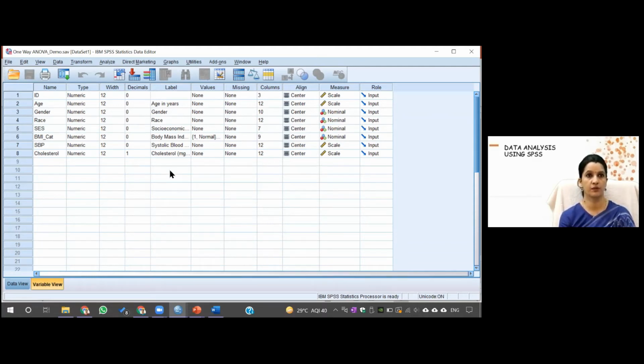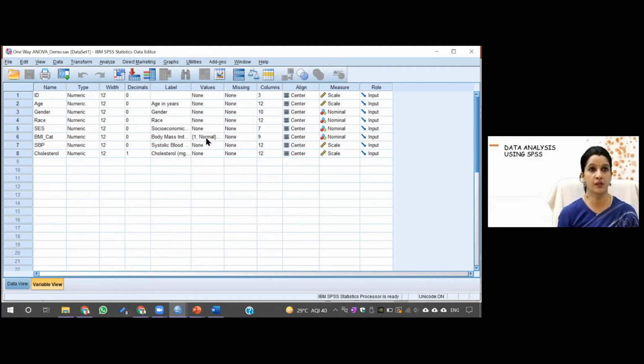And this is again the same thing which we did. Type of variable is numeric, because not a single variable is a string. The width tells you the width of the string variable, which we have not used. Decimal tells you the decimal places of the numeric variable. This label is the full form of your variable which you have written.